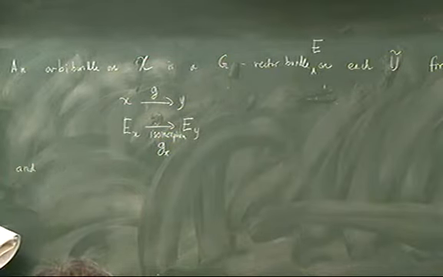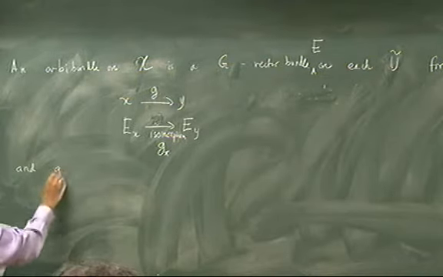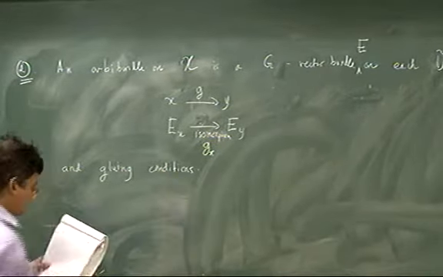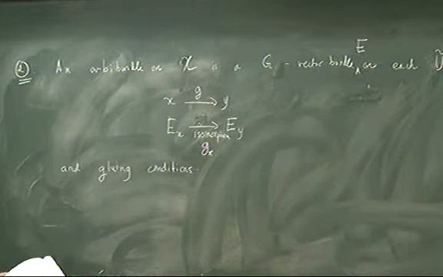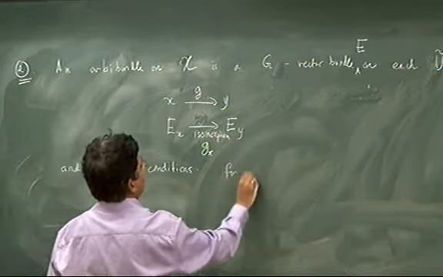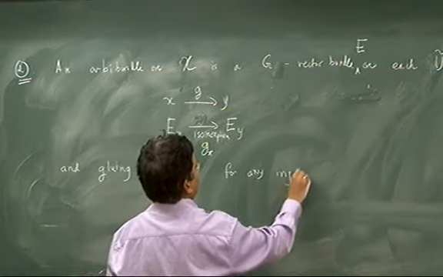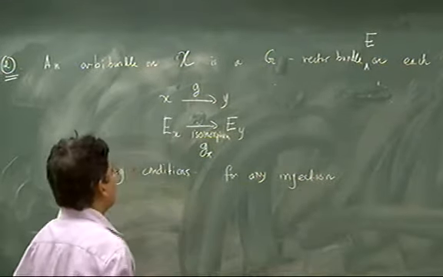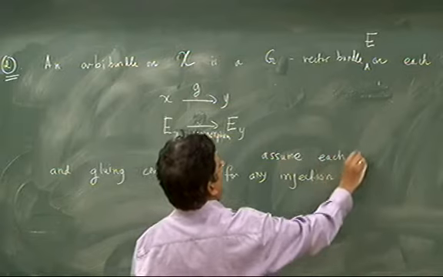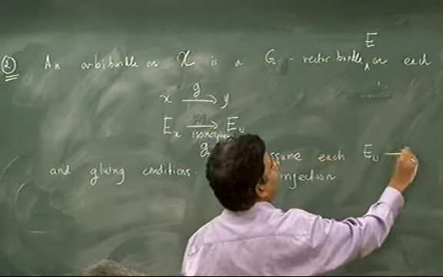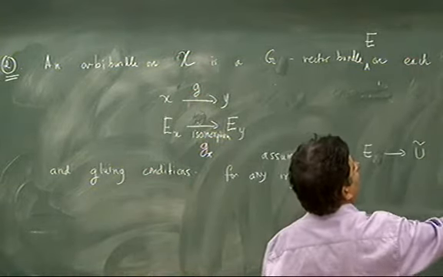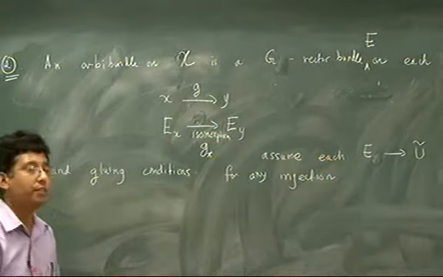For the gluing condition, assume each E_U over U tilde is trivial. You can choose such small charts.